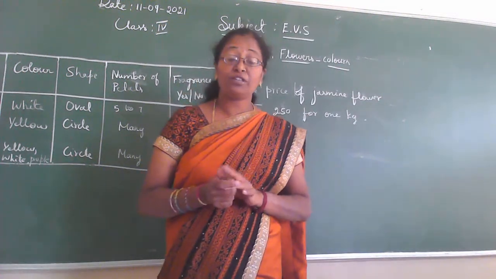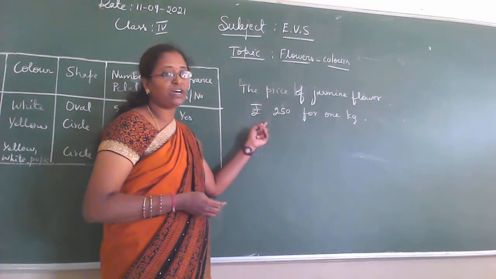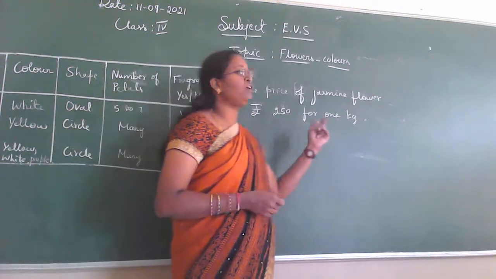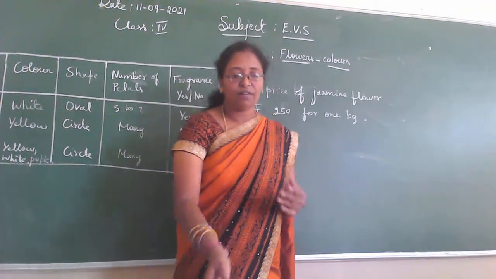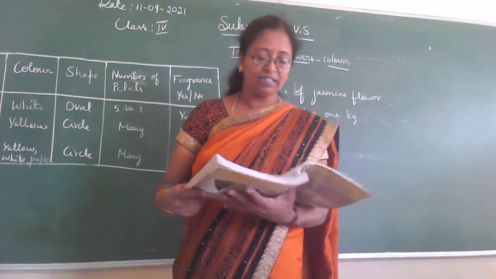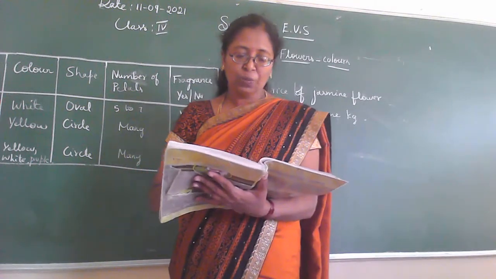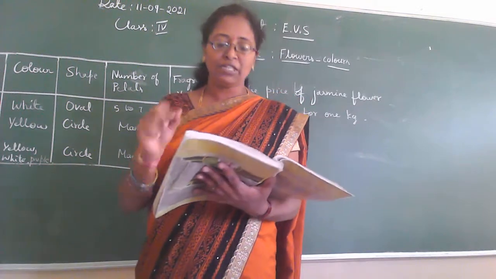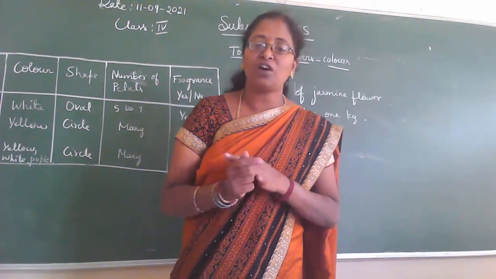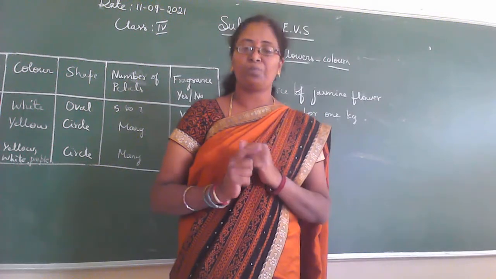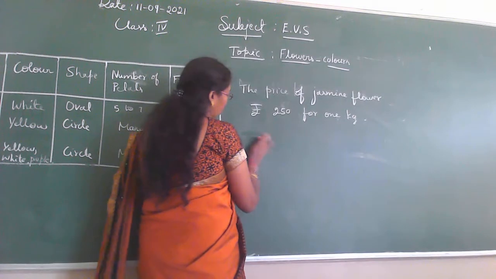So today's price of jasmine flower, told by Shahina, is about 250 for 1 kg. Shahina again is answering her teacher's question. We shall have 10 rupees for a cubit length. So for a cubit length, how much is the cost? It is about 10 rupees. So it is about 10 rupees, children.